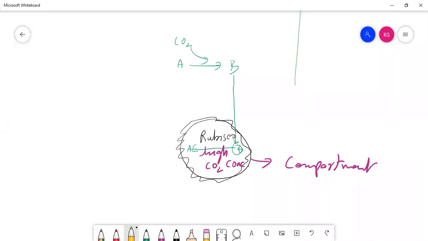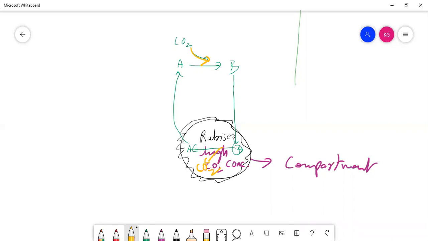So what comes out now? CO2 comes out or not? CO2. And this A will again move back. So how do we maintain this high CO2 concentration in this compartment? This is maintained by a set of carboxylation and decarboxylation reactions. Is this clear or not?